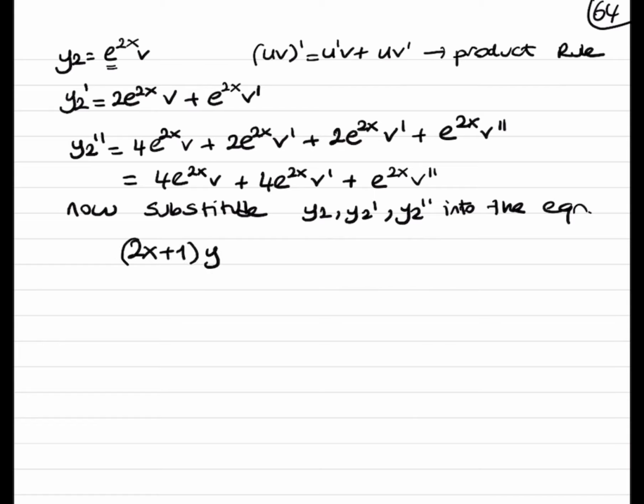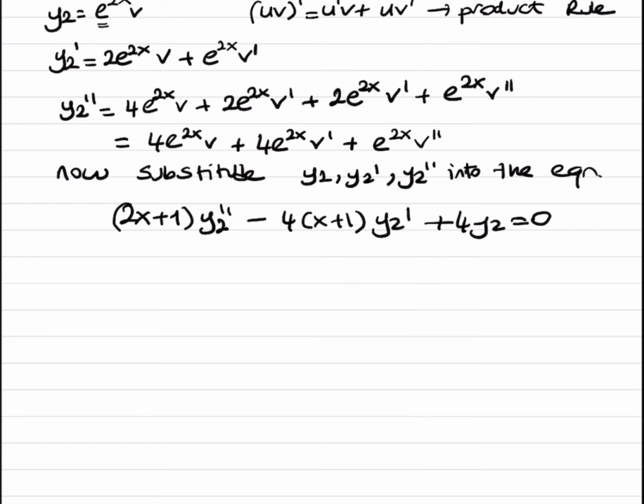It was given like this: y2 double prime minus (4x plus 1) y2 prime plus 4 y2 is equal to 0. Okay, now we will substitute y2 double prime. So let's continue. It is (2x plus 1) y2 double prime.